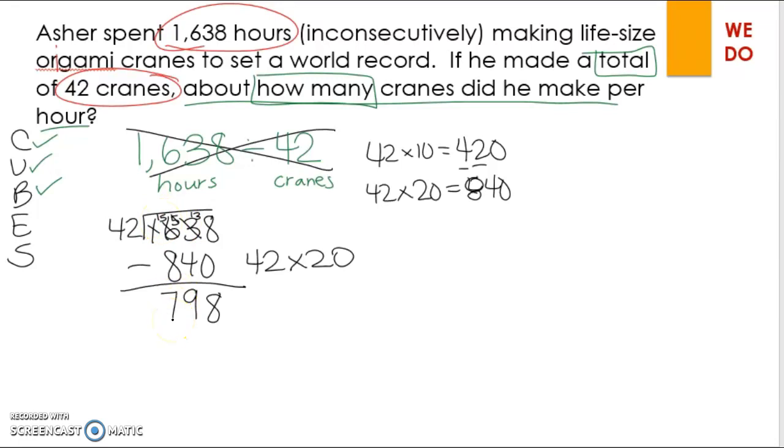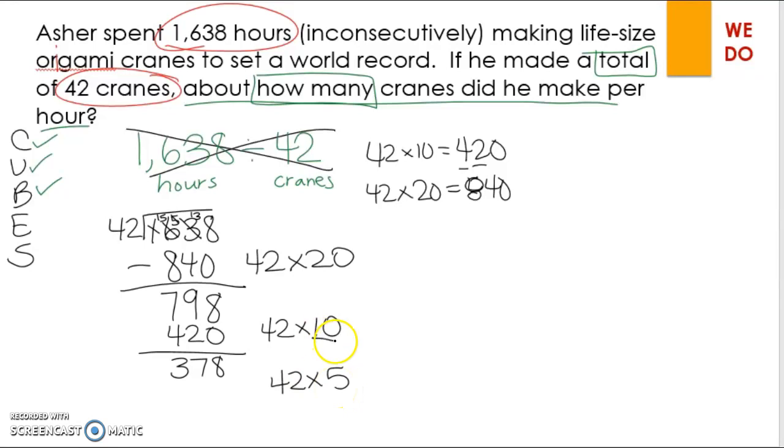I am left with 798. Let's try 42 times 10 here, which would be 420. And I'm left with 378.